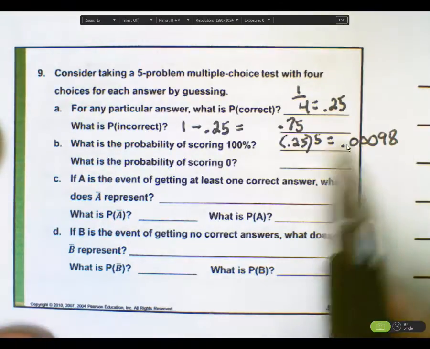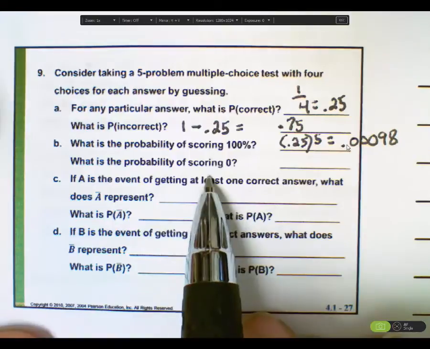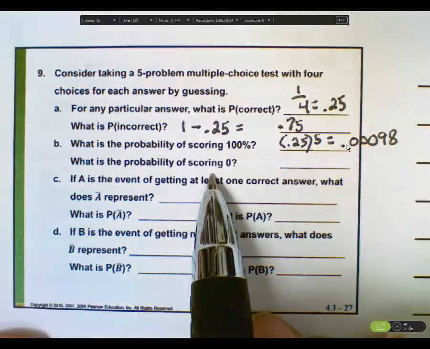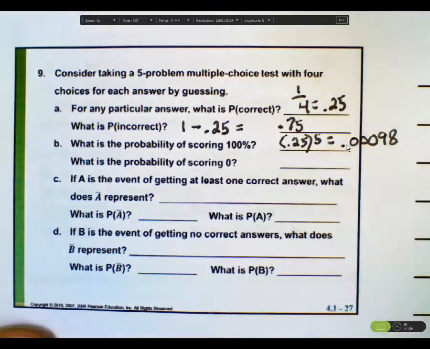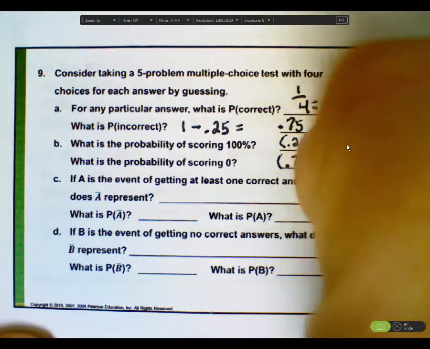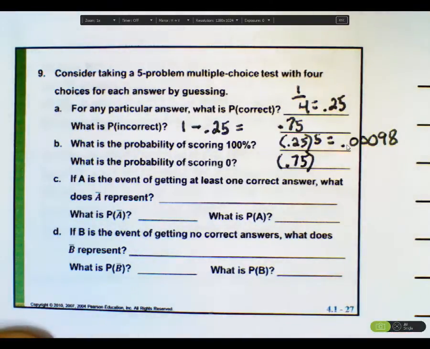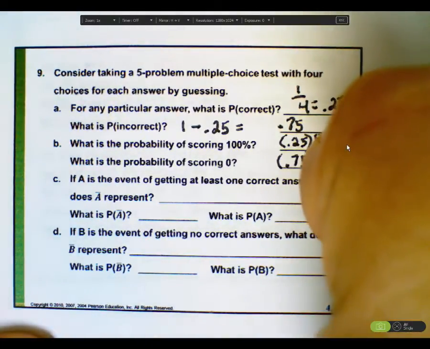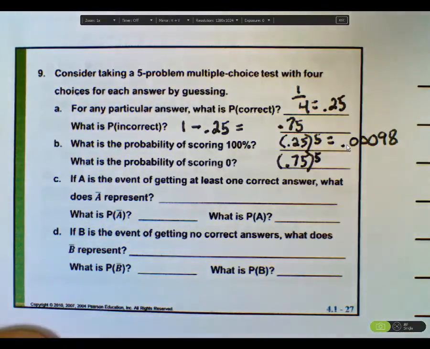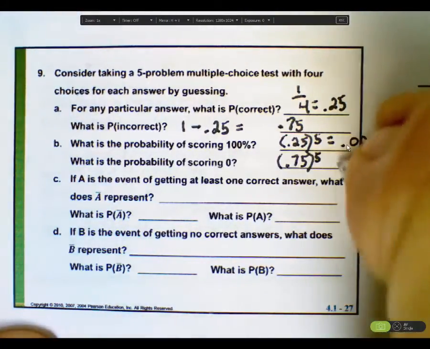What's the probability of scoring 0? Well, to score 0, I would have had to guess incorrectly every time. The probability of guessing incorrectly on the first problem is 0.75, and I would have to be unlucky 5 times in a row to have made a 0 on the test. 0.75 to the 5th power is about 0.2373.